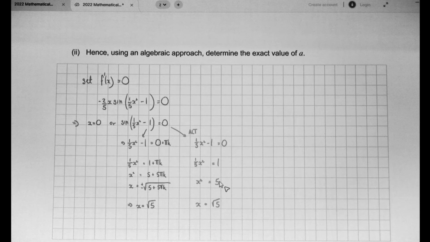Sine has to be 0, which becomes 0 plus multiples of pi. Now, if they made errors and they had cos, well, markers have to follow that through, but they're looking for clear evidence of them getting rid of the trig function to come up with solutions. Not necessarily the plus pi k.